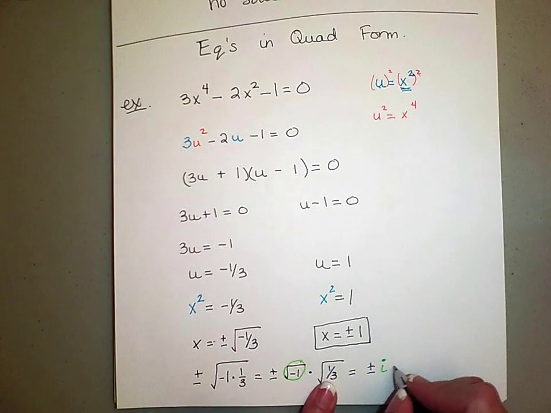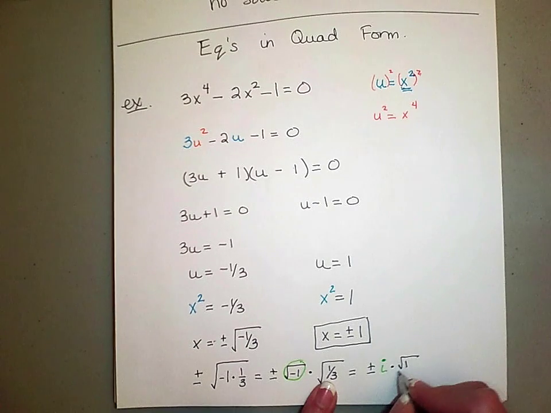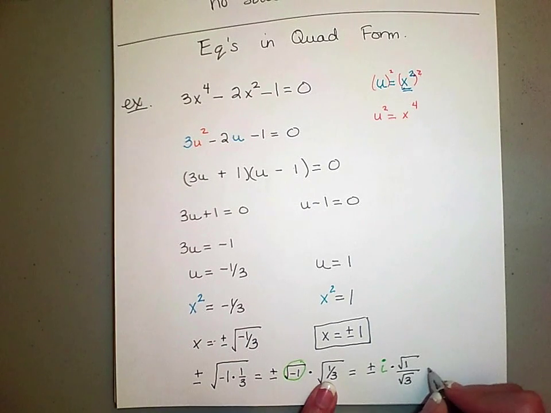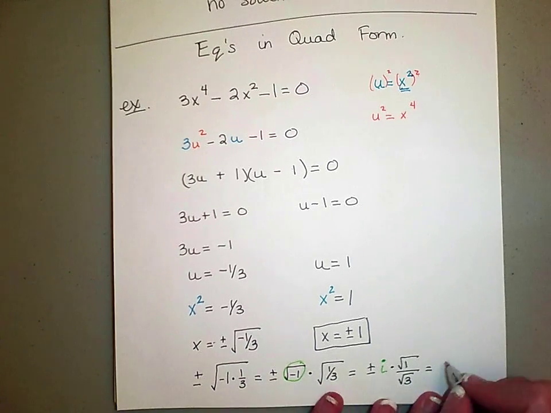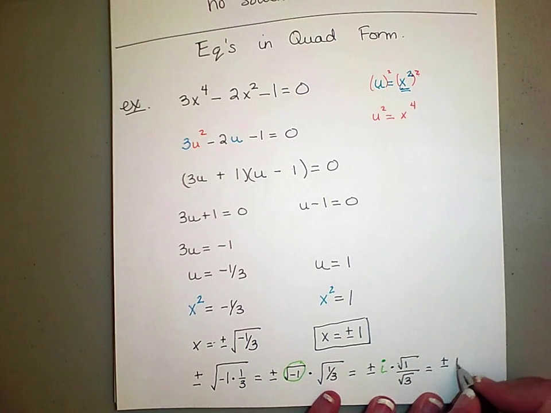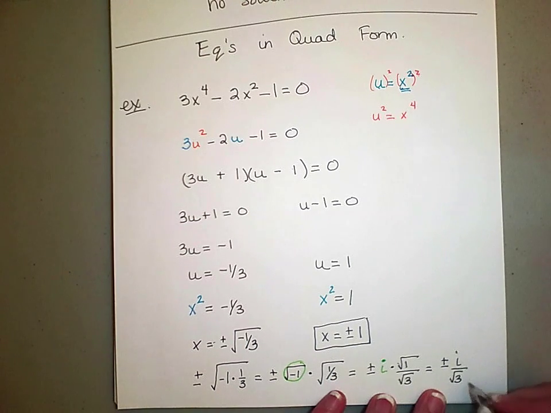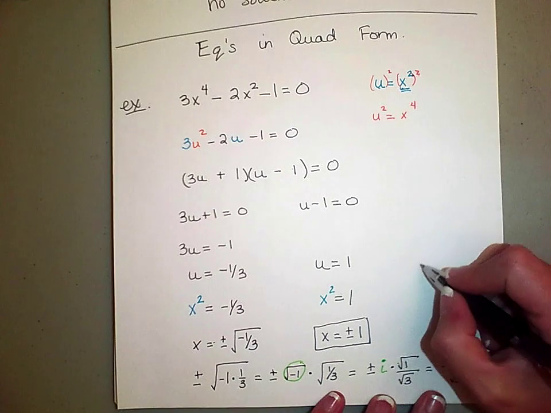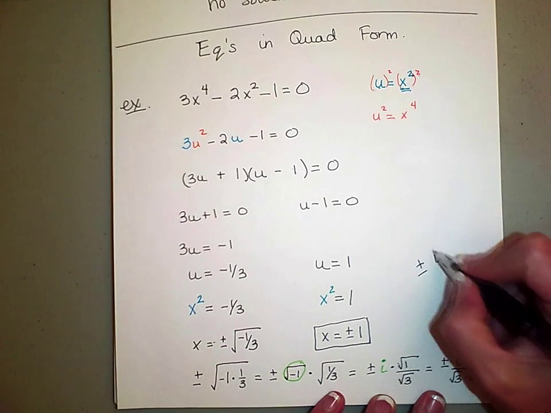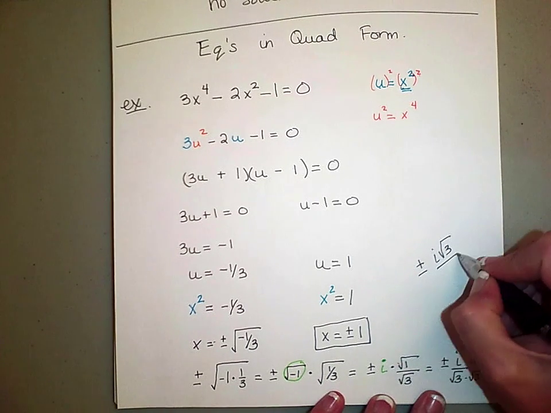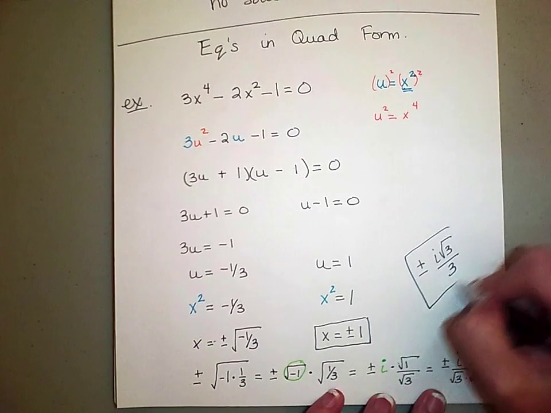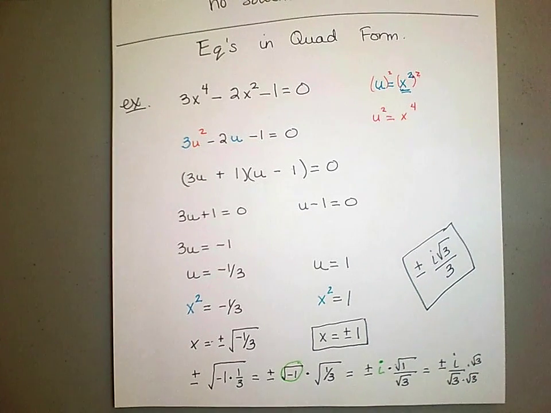And we can split the radical up here. This is the square root of 1 over the square root of 3. So this is plus or minus, the square root of 1 is 1, i over root 3, which we could rationalize this denominator, and we'll get plus or minus i root 3 over 3 are our other 2 complex solutions.